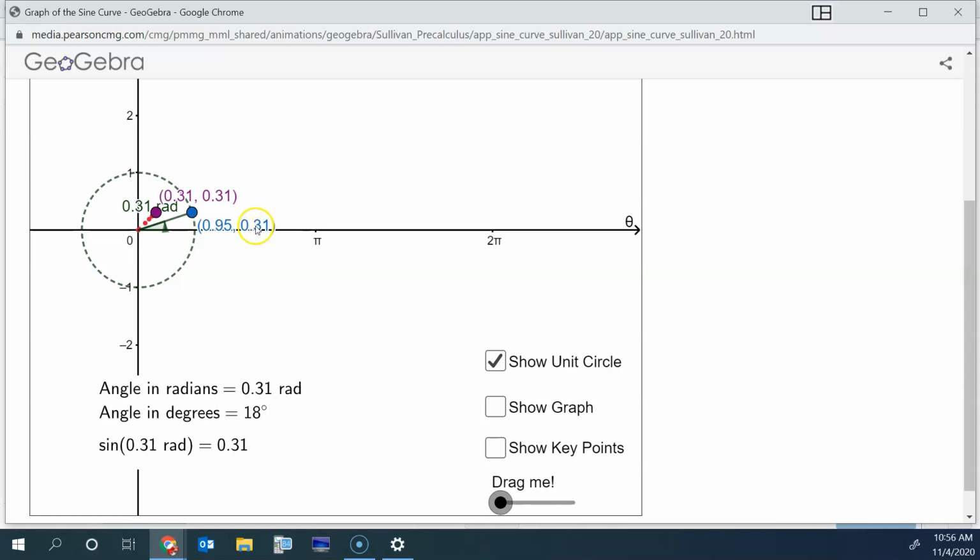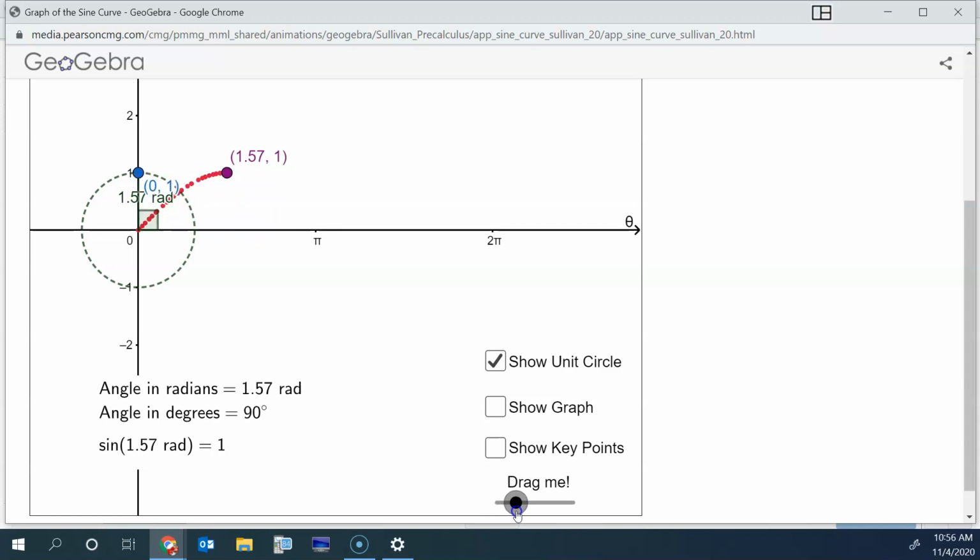And the second coordinate, this one in blue, 0.31, that's the y coordinate right here. All right, so this is the angle, this is the y coordinate. And then what it's doing is it's plotting those as I move around. So I go back and forth.